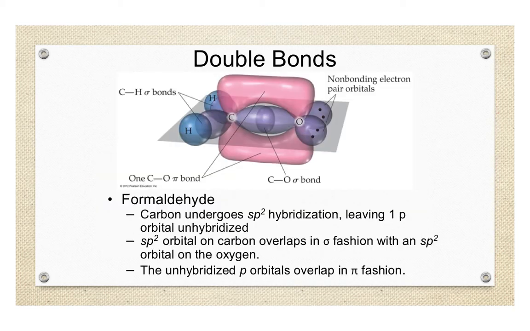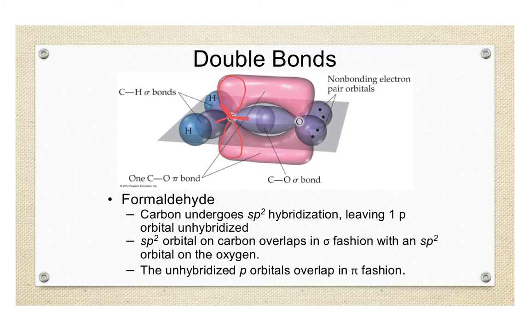So here's an example of a double bond. In a double bond, we have a carbon that undergoes sp2 hybridization. So that means that we have an s and two p orbitals that come together and make this trigonal planar shape. That means we have a p orbital that's left over that goes up and down.